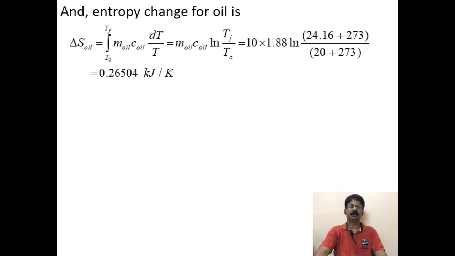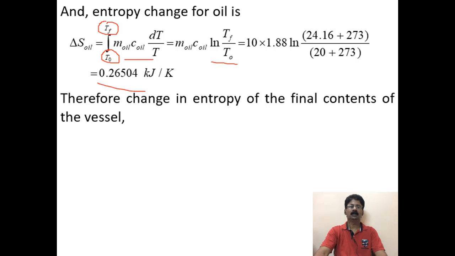So oil temperature is increasing from T0 to Tf. Okay. Similar formula, but only thing is the mass and specific heat are for oil, and similarly you have to integrate 1 by T with respect to dT, ln T, apply the limits and substitute, and surely you will get the positive answer because for the oil the temperature increases.